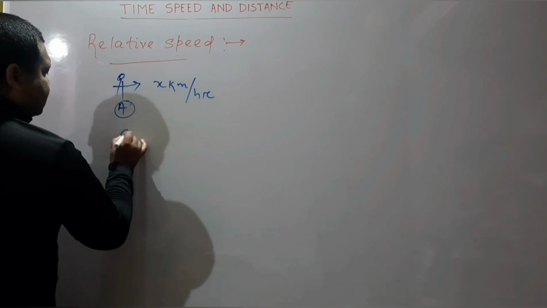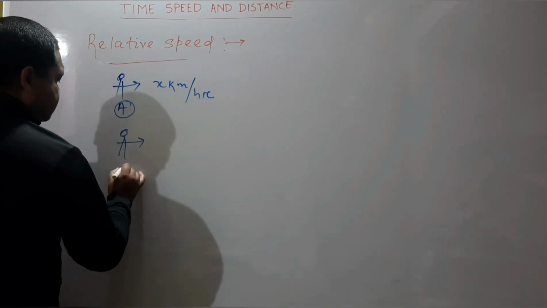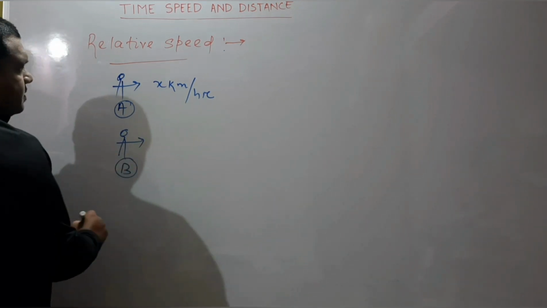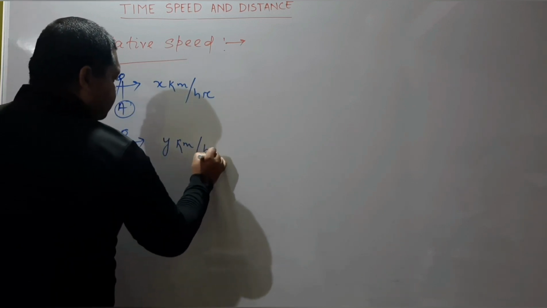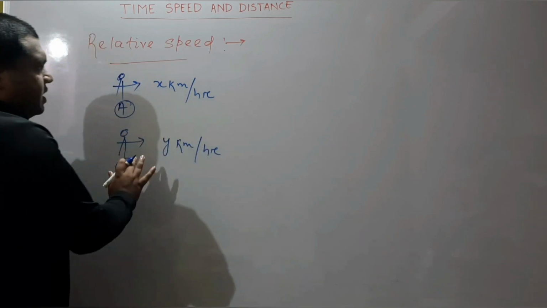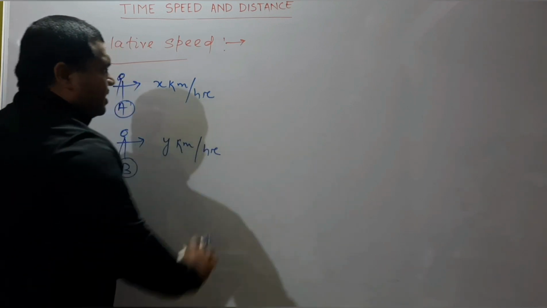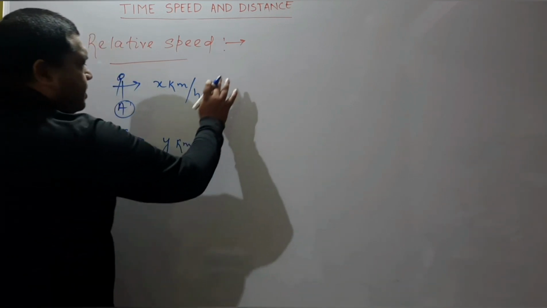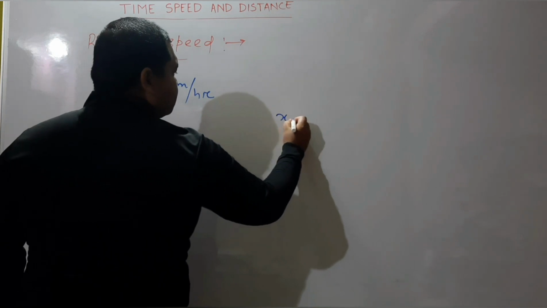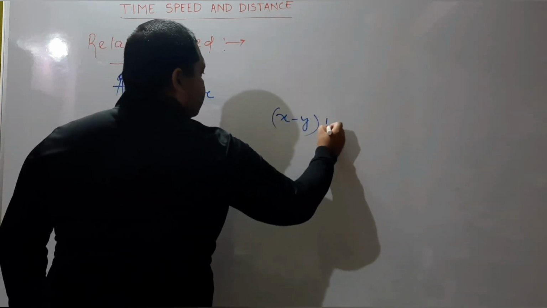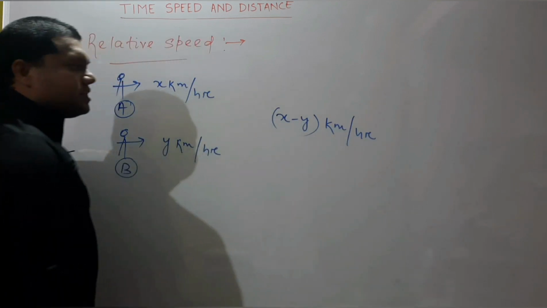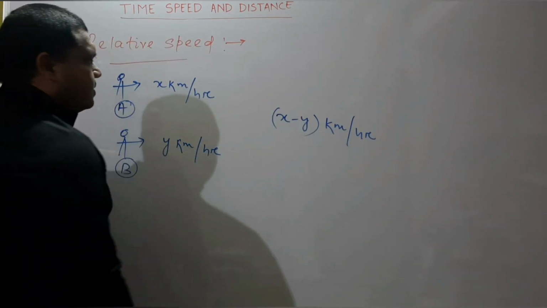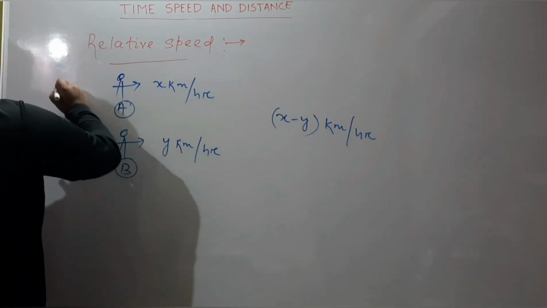And another body is there, this is body B, and his speed is y kilometer per hour. If both the bodies are moving in the same direction, then relative speed is x minus y kilometer per hour. This is one scenario.